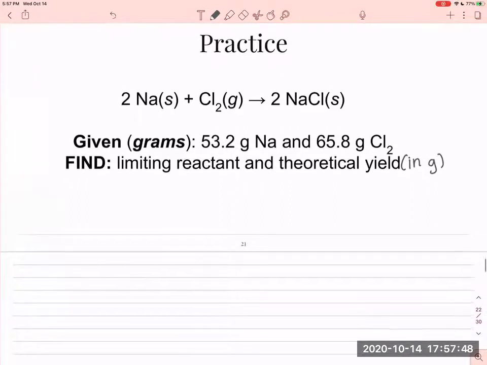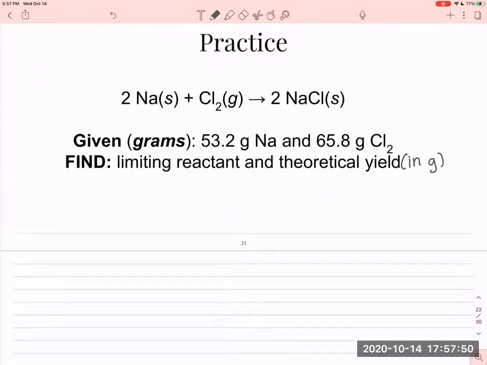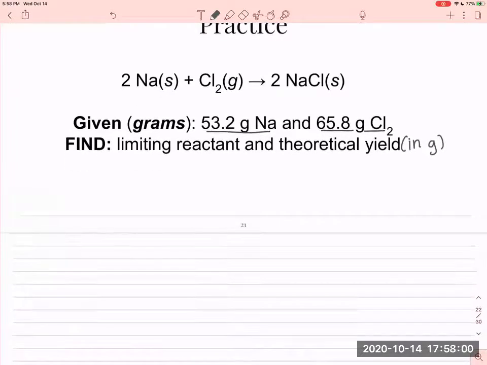So text me if you want me to look over your work. But I need to remember, if I have two given amounts of reactants, I have to separate and analyze. So we're going to focus on the theoretical yield, and in doing so, find the limiting reactant.